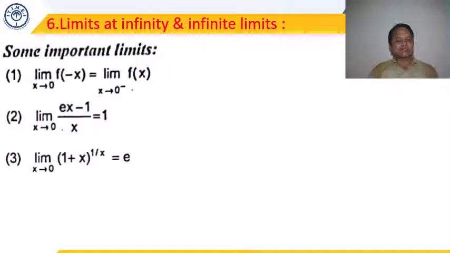Limit of 1 plus x to the power 1 by x when x tends to 0 is e. Here 1 plus x is tending to 1 and the power is tending to infinity, its value is e.